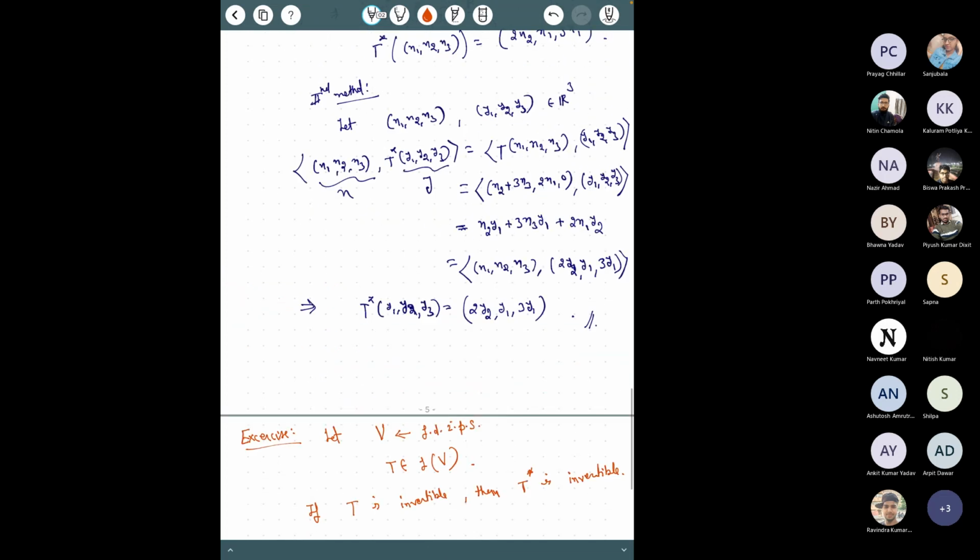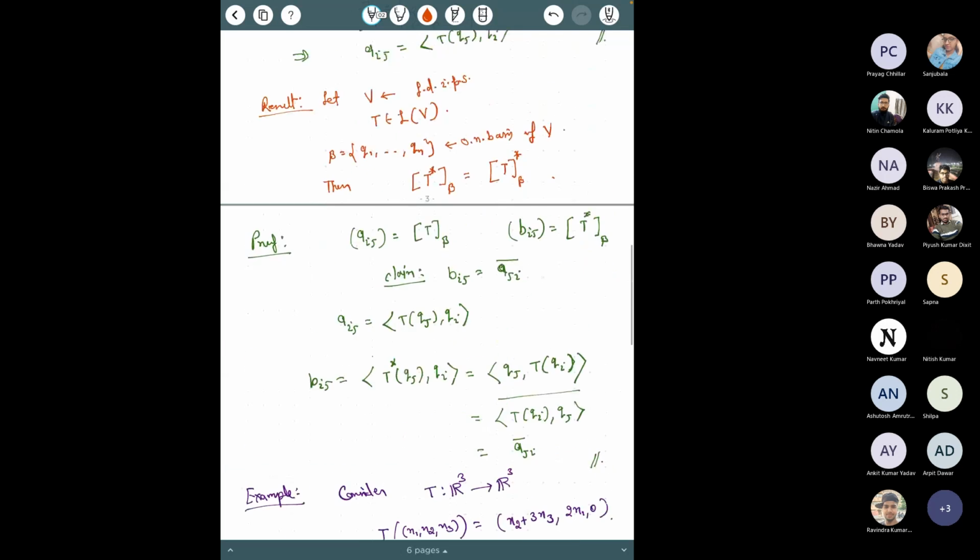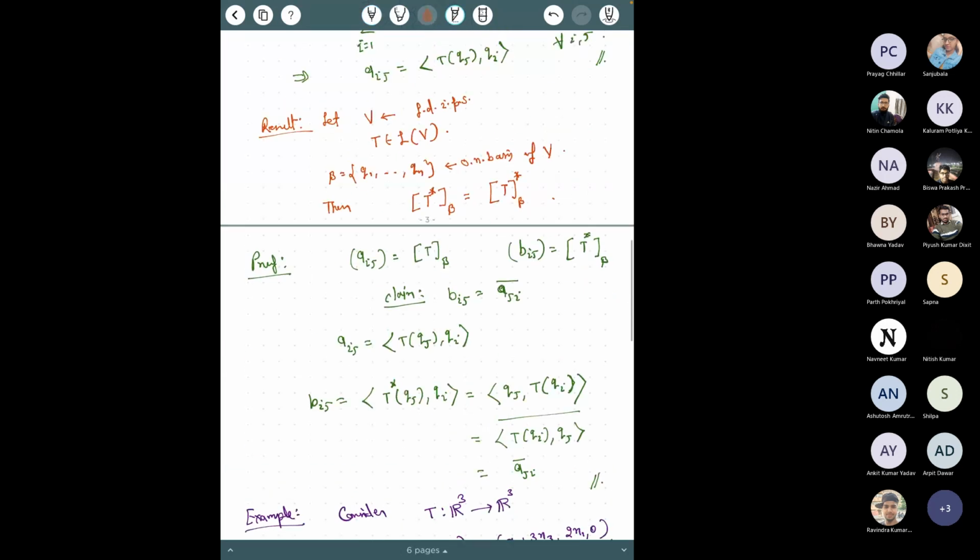So look at this result here, the matrix representation. What I'm saying is that if we have a finite dimensional vector space and a linear operator on it, and T is invertible, then can you say that T star is also invertible? At least you can guess. If T is invertible, what can you say about its matrix?